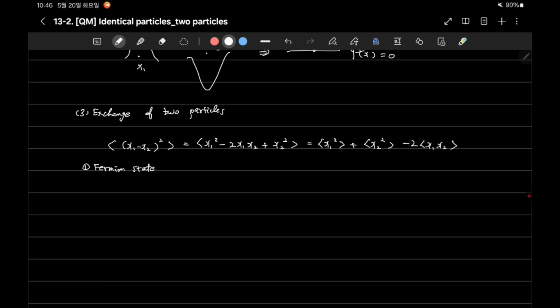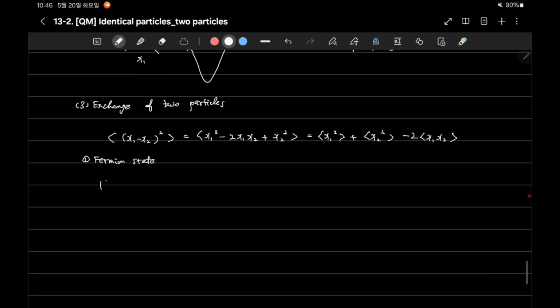In the bosonic case, it is symmetric between the exchange of two identical particles. In the fermion case, the total wave function is antisymmetric, so in the triplet case the spatial part should be antisymmetric. In the triplet state, it is a triplet state.